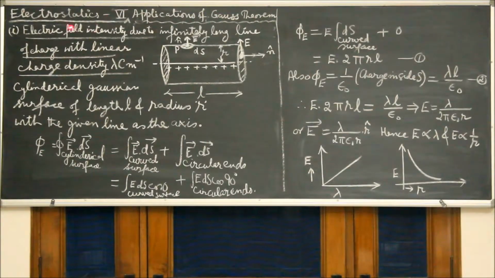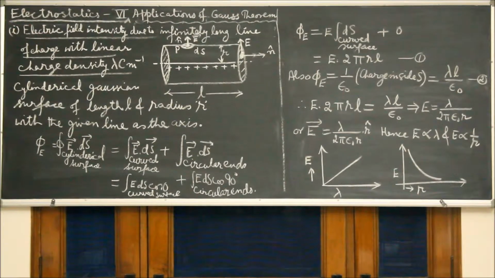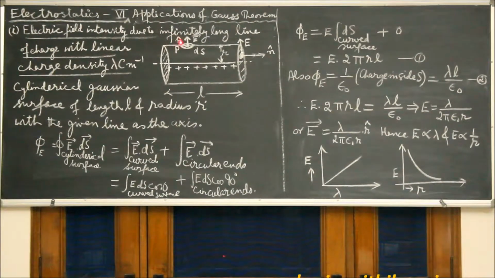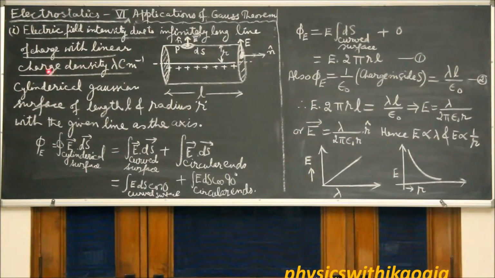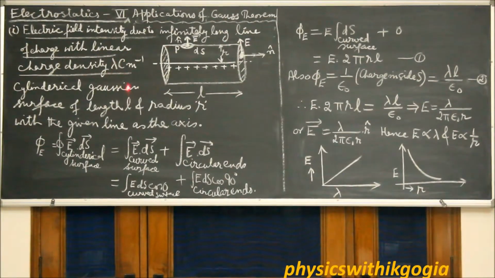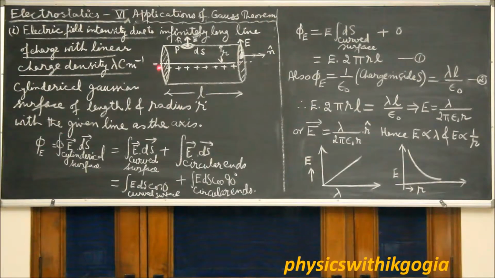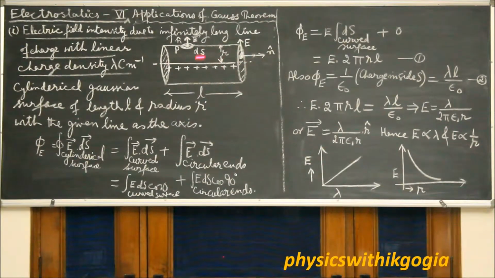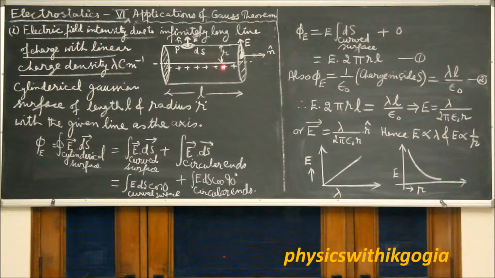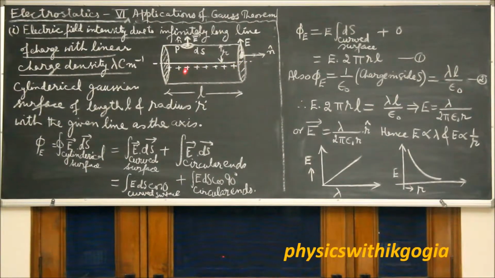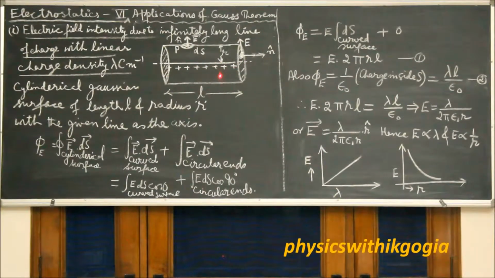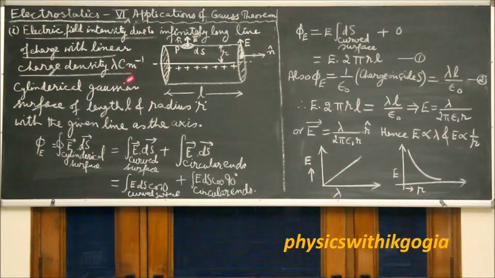Now, coming to the first application, electric field intensity due to an infinitely long line of charge with linear charge density lambda coulomb per meter. Here this is an infinitely long line of charge. Let's consider that the charge is positive and the charge density is lambda coulomb per meter.